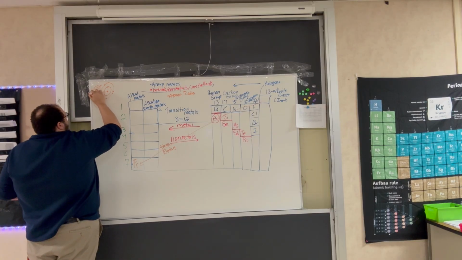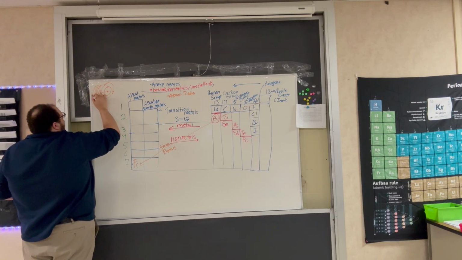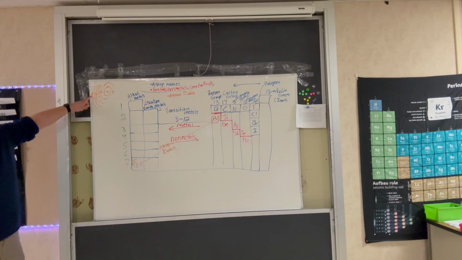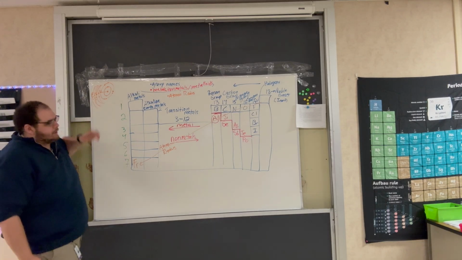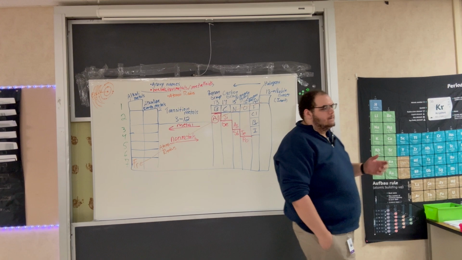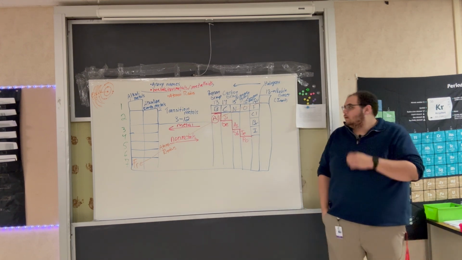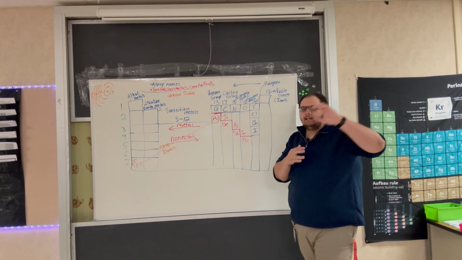There's so many electrons, this is a horrible drawing, but it's because I don't have a whole lot of space, that are blocking out that pull from this guy. That's called atomic shielding. Shielding is all of the inner electrons blocking the outer electrons.